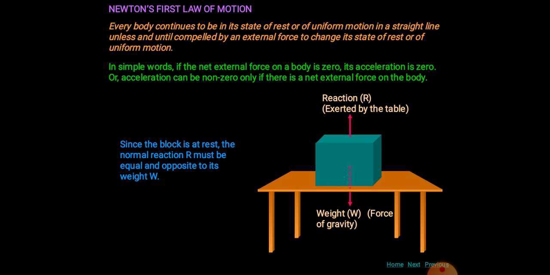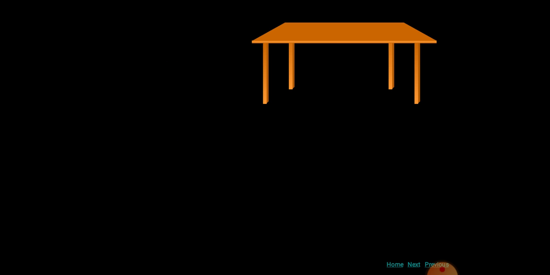So Newton's first law of motion is that every body continues to be in a state of rest or in uniform motion in a straight line unless and until an external force is applied on it. Now let us understand more examples. Here we have taken a block. The block remains at rest because no external force is applied on it.